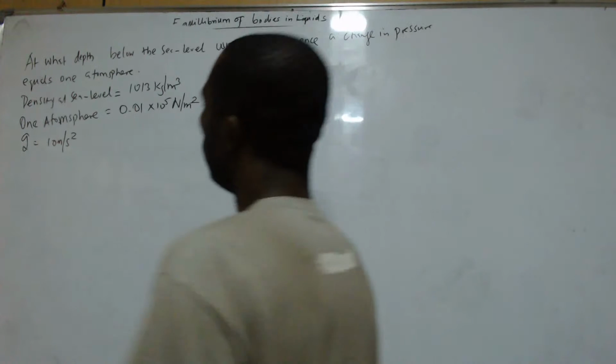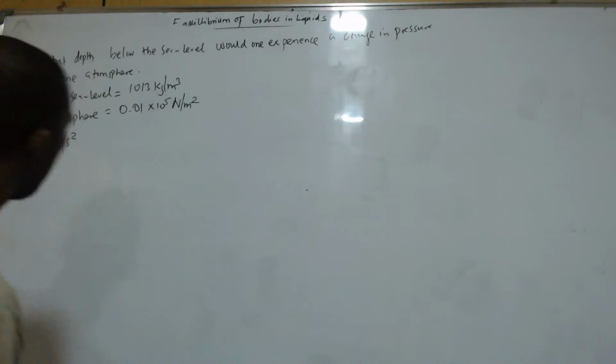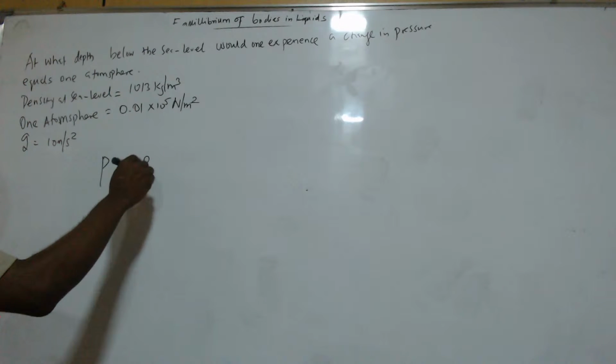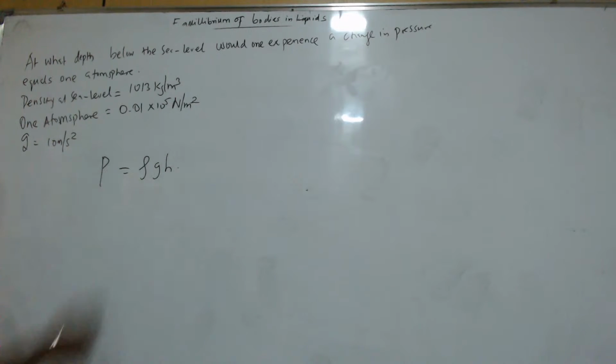So we're talking about the depth. Pressure here is rho g h. So we are told to calculate the height. So how do we get the pressure?